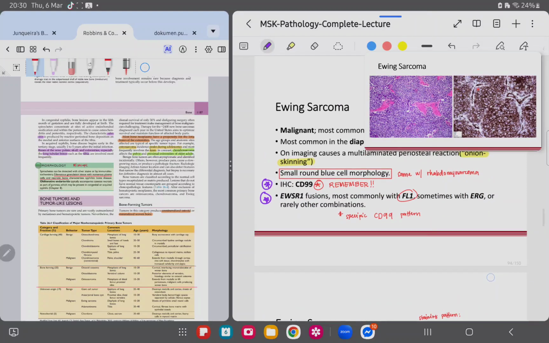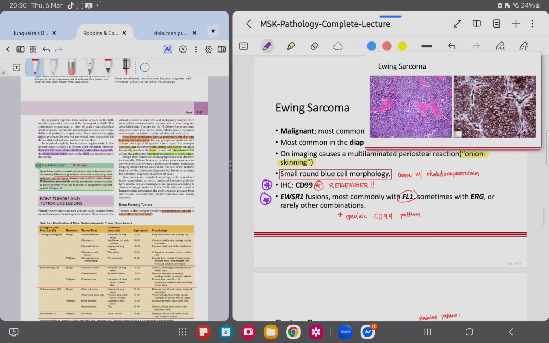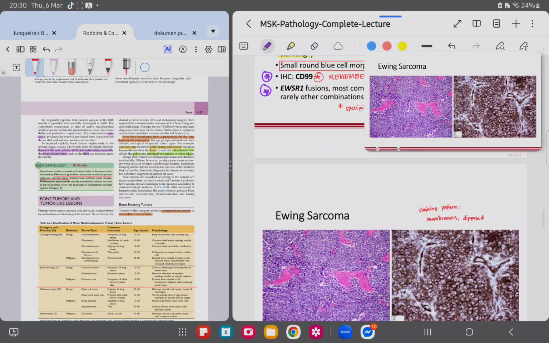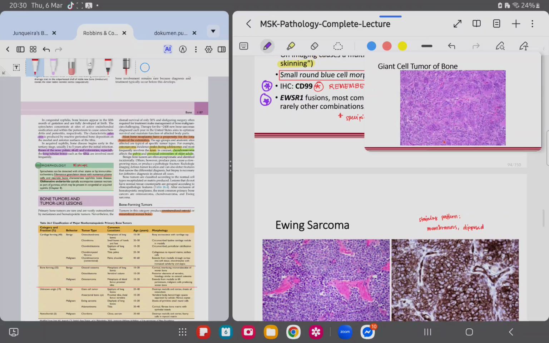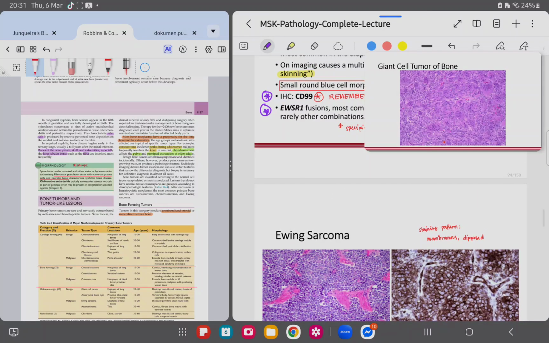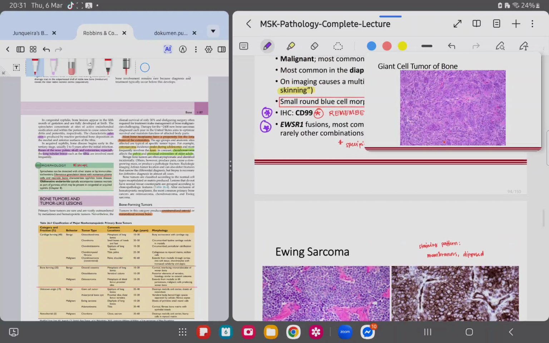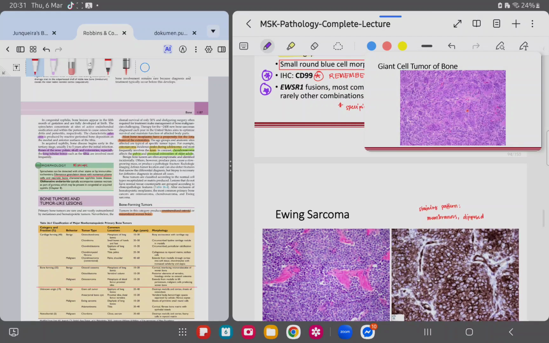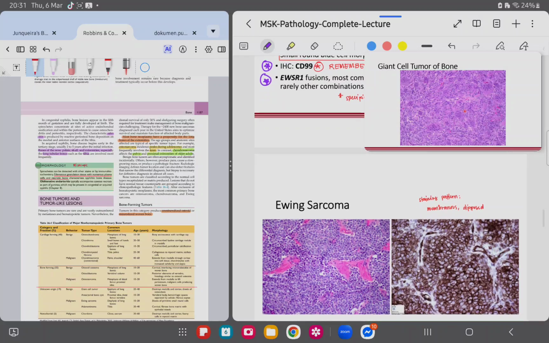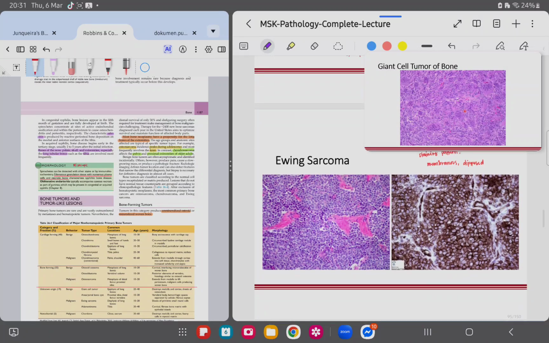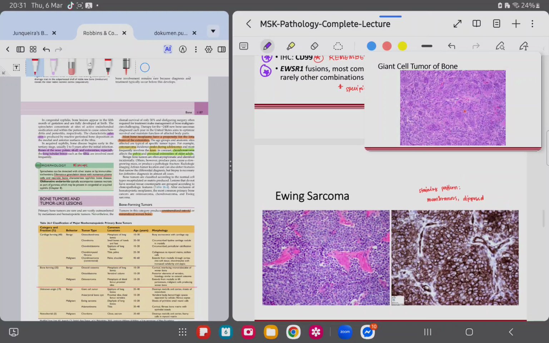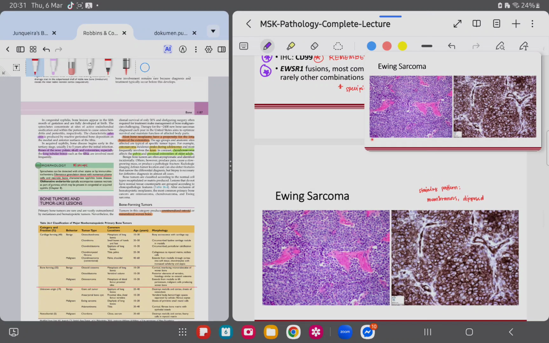Your giant cell tumor of bone, which is also composed of osteoclasts, but the nuclei of giant cell tumor of bone are more numerous than what we see in giant cell tumor of tendon sheath. And definitely, unlike your giant cell tumor of tendon sheath, in which some of the areas do not appear to have giant cells, such as this one, your giant cell tumor of bone is actually what immediately strikes you will be the abundance of your multinucleated giant cells.